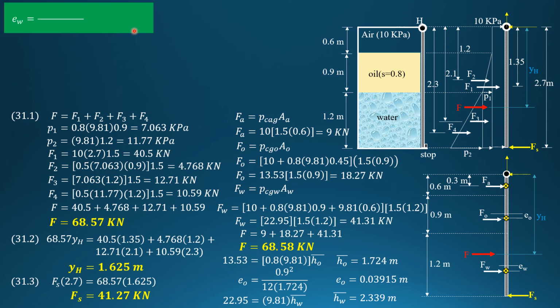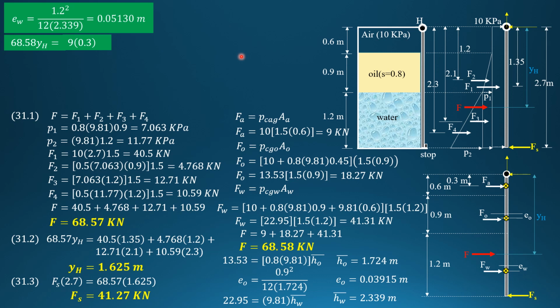We can now use Varignon's theorem to solve for YH. 68.58 times Y sub H, summation moment there, equals sum of moments of the components. There are only two components. Air, 9, moment arm 0.3 rather, plus F of oil, 18.27. Its moment arm from the top is 0.6 plus 0.45, half of 0.9 plus EO.